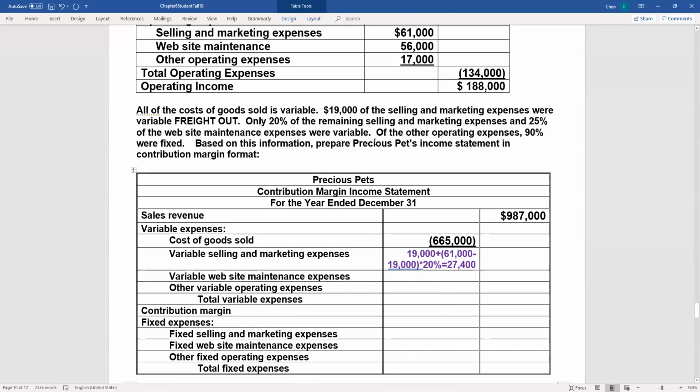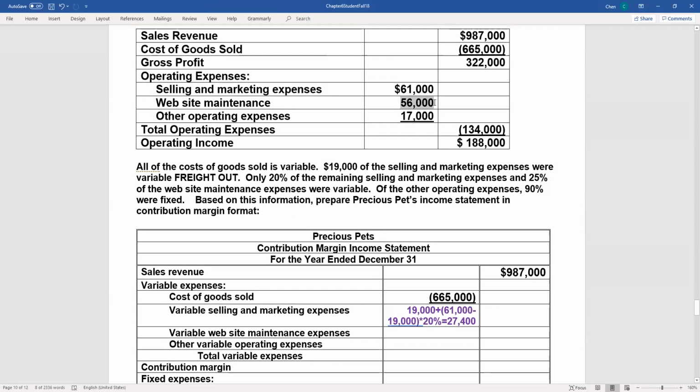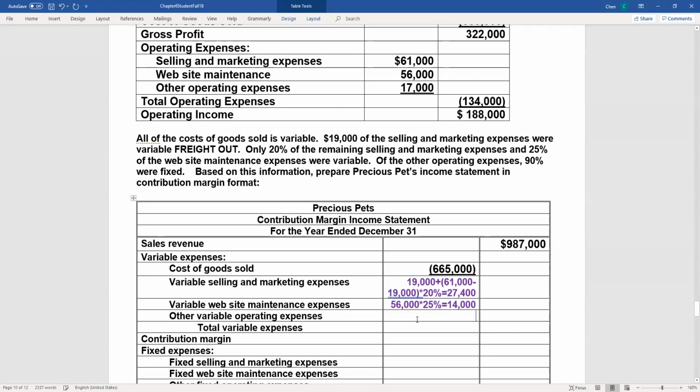And also we have variable website maintenance expenses. In the instruction, it says 25% of the website maintenance expenses were variable. The total is 56,000, so this should be 56,000 times 25%, and that gives us 14,000.